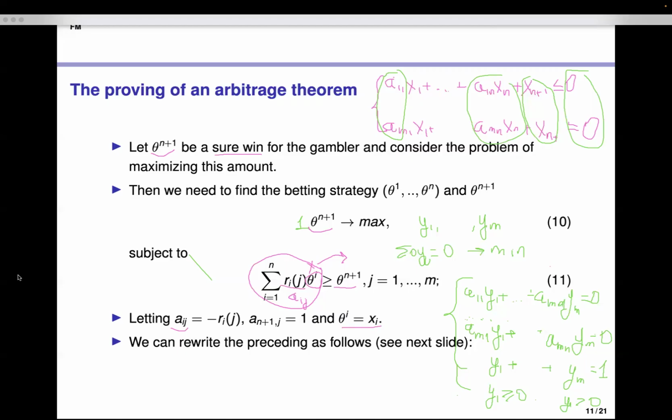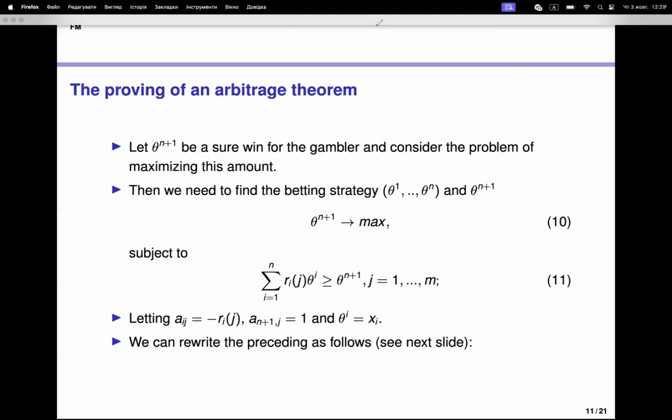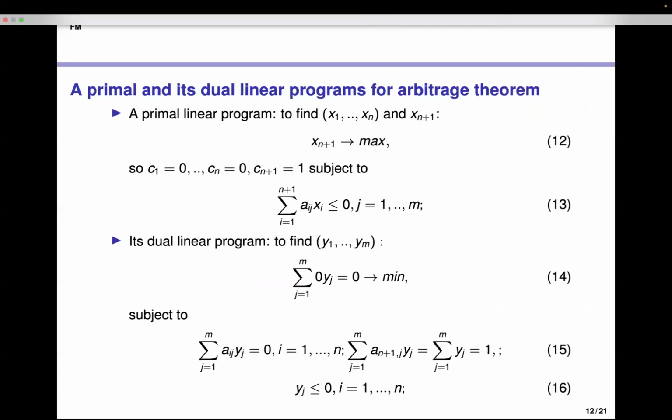Okay, so you can see all that we wrote on the previous slide, like a primary linear program, x n plus 1 maximum, and subject to this system of linear inequalities.